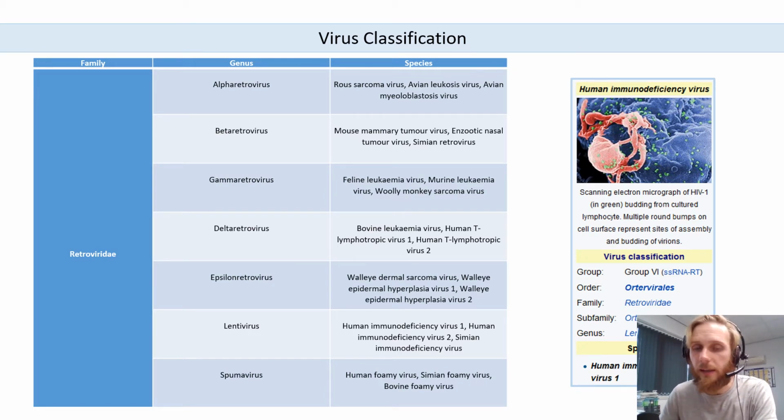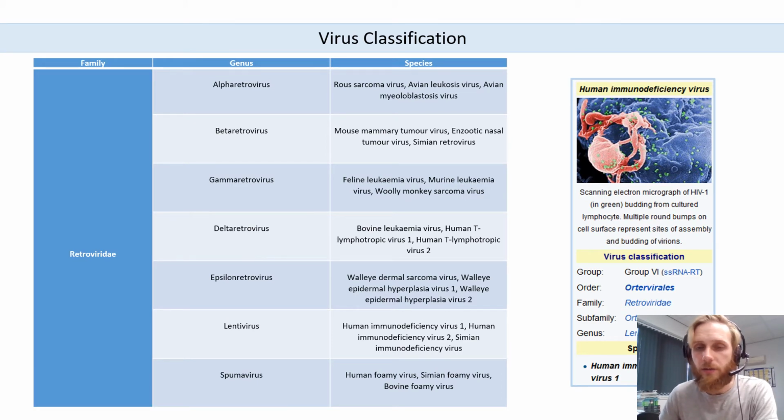The example here is HIV, and the family to which HIV belongs, Retroviridae. So Retroviridae is the family name. We have a bunch of different genuses listed here: alpha retrovirus, beta retrovirus, gamma retrovirus, and these are all members of the Retroviridae family.